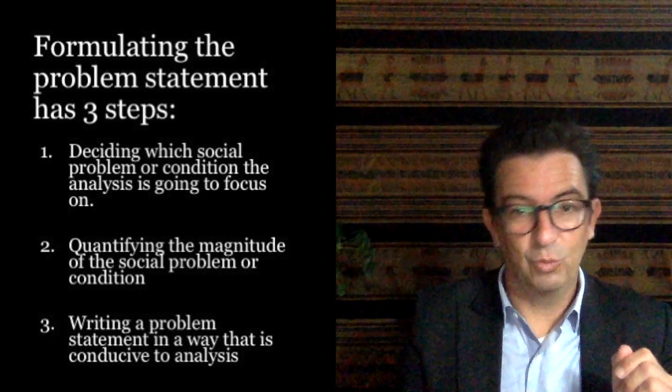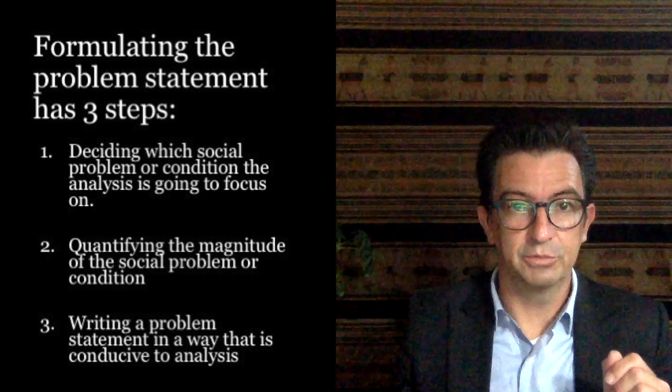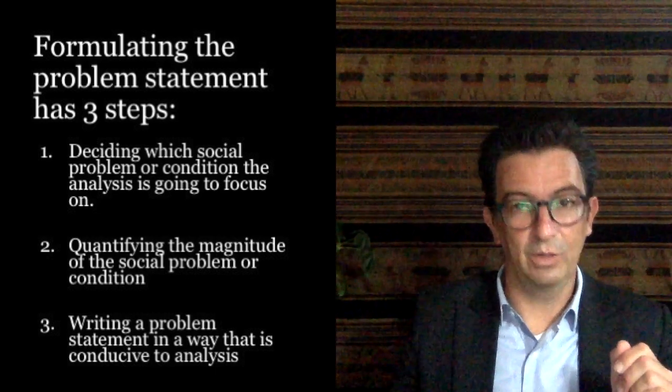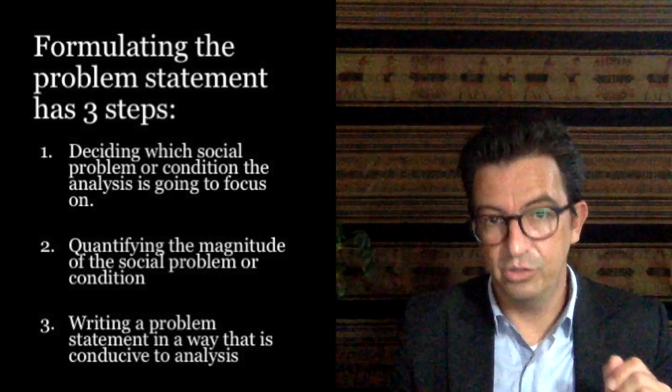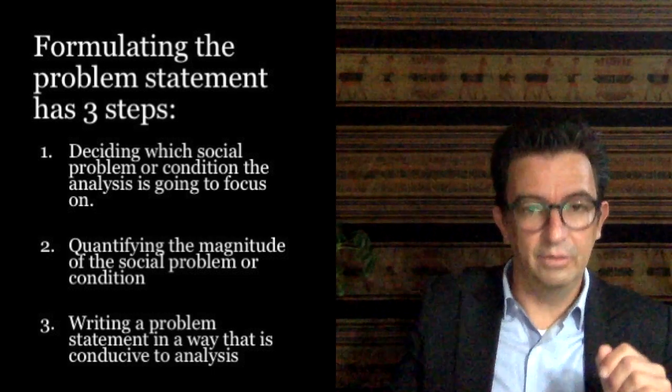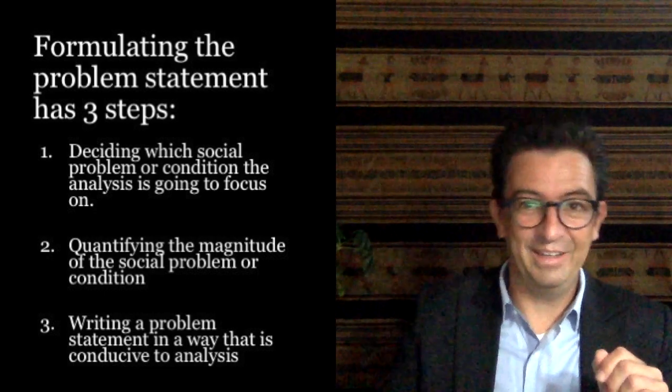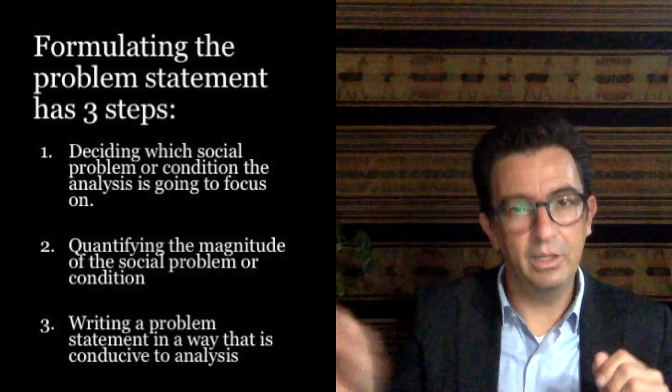Or after you've quantified it, when you write the actual problem statement, you may find that you've made a mistake and that you actually want to choose a different issue. So these steps are iterative. You may get to 3 and go back again, or start 3 and then do 1 as you're doing 3, and so forth. So this is a guide. You still have to go through the 3.